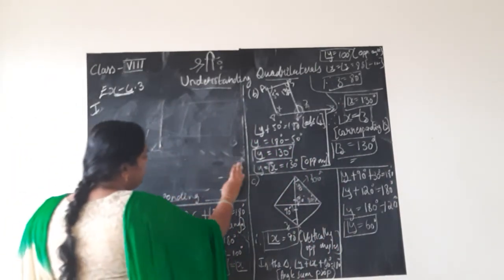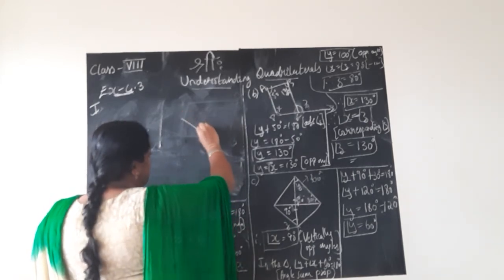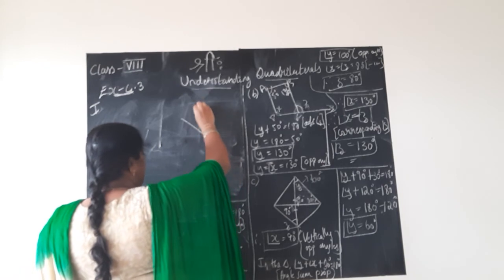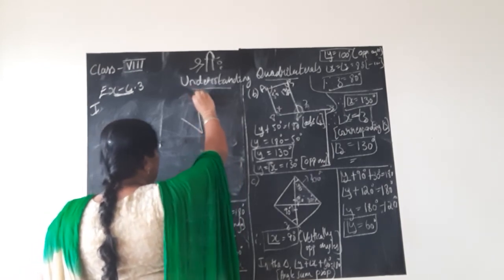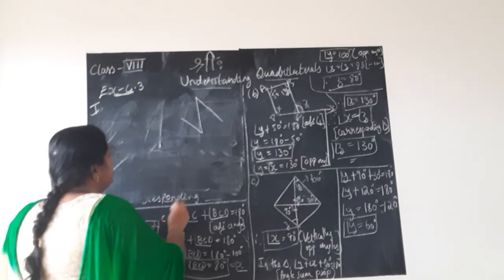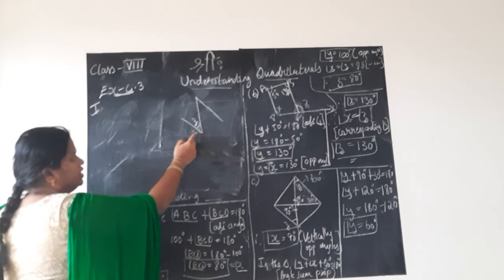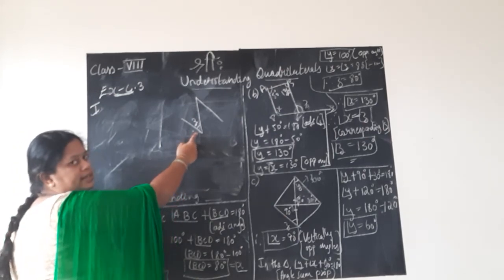That I will explain here once again. For that, here is z. Angle z is here and here. Look, children, this is angle z. I have just written here separately to show you the Z shape.